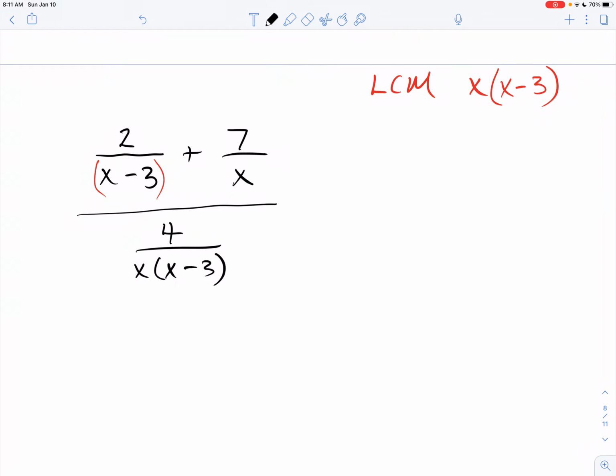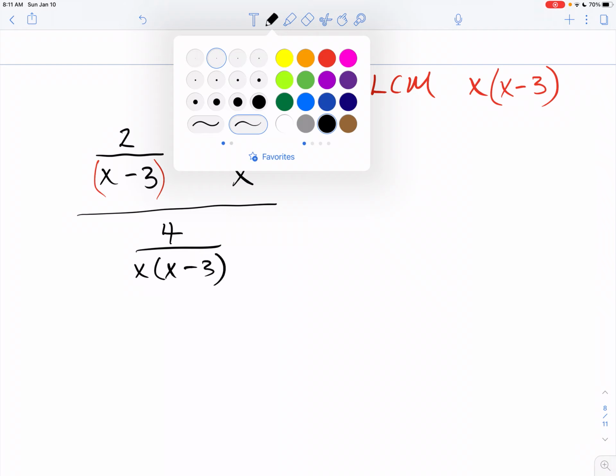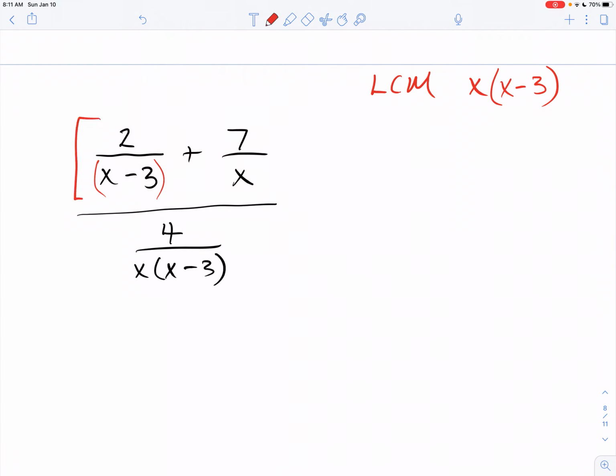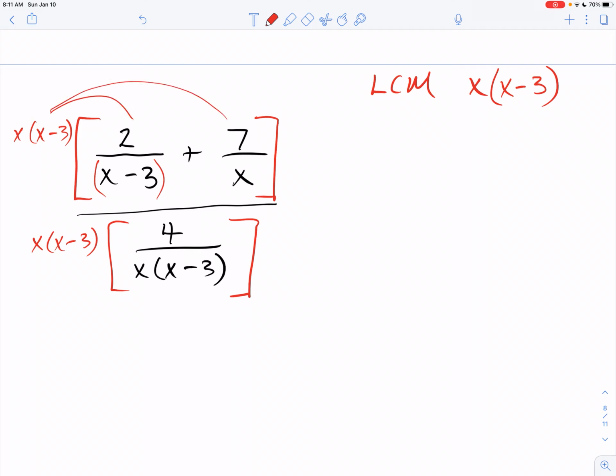Because right now, what I'm about to do is multiply the entire top part and the entire bottom part by the LCM, x minus 3. Now when I do it up here, I've got to distribute it because there's two pieces. On the bottom, guess what? Kabam, kabizzle, kaboom.